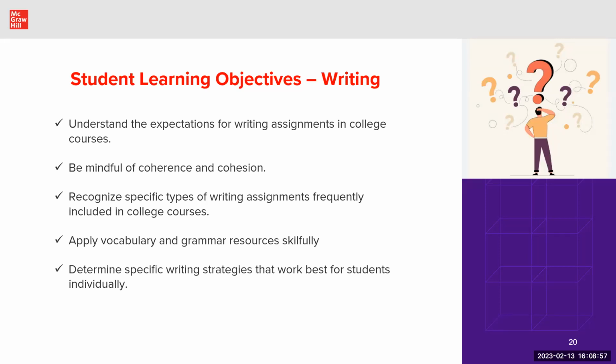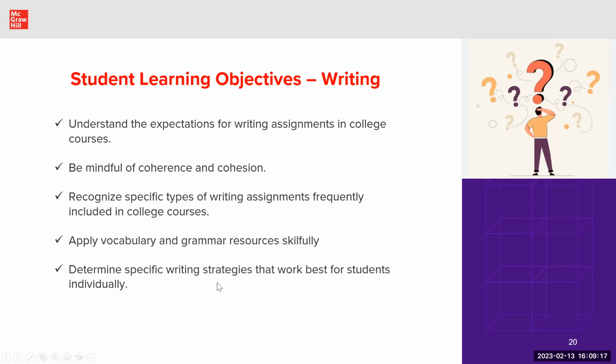As we mentioned in the previous slide, grammar resources and vocabulary as well will be different, and our students need to learn how to use their language, the English language, in academic writing, so that they can structure their writing in the right way, in the correct way.